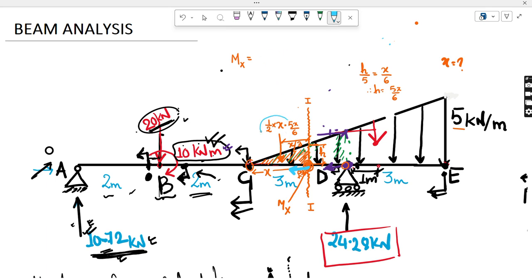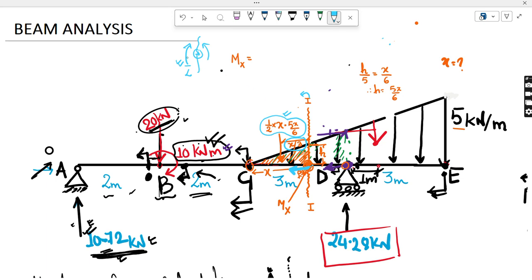This force is going to give me a moment, and the value will be this value multiplied by this small distance. You know the sign convention: I am looking left from this section, so I have to follow this curve.